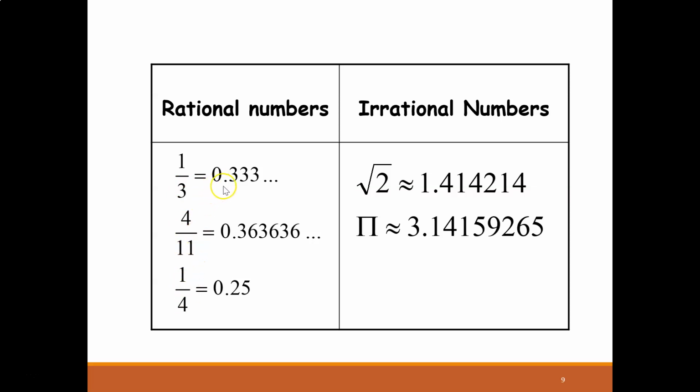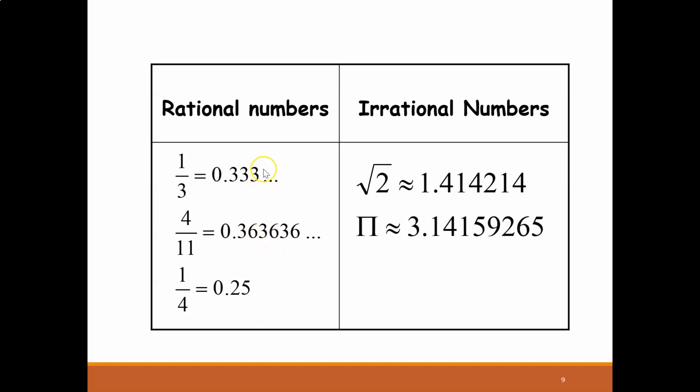And also you see over here at the end, we have the decimals which are repeating: 0.3333333 and so on. The 3 over here will keep repeating until the end. And also over here we have 36, 36, 36, 36 and so on. The 36 keeps repeating.